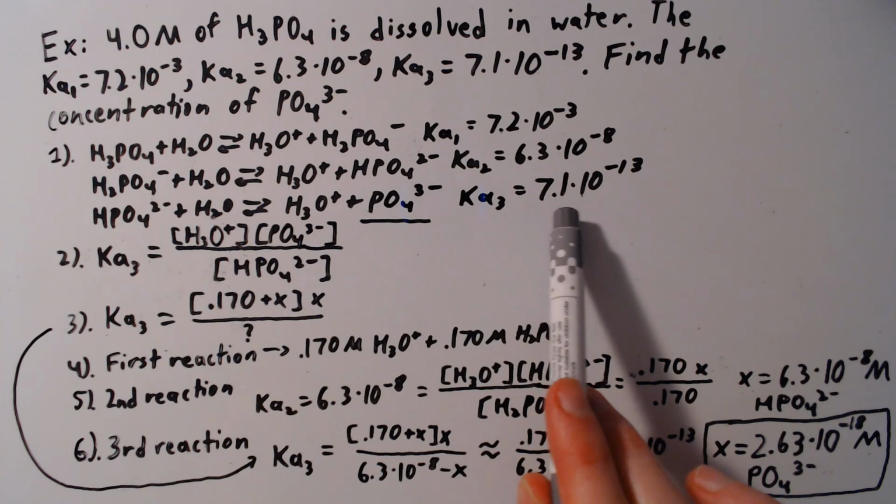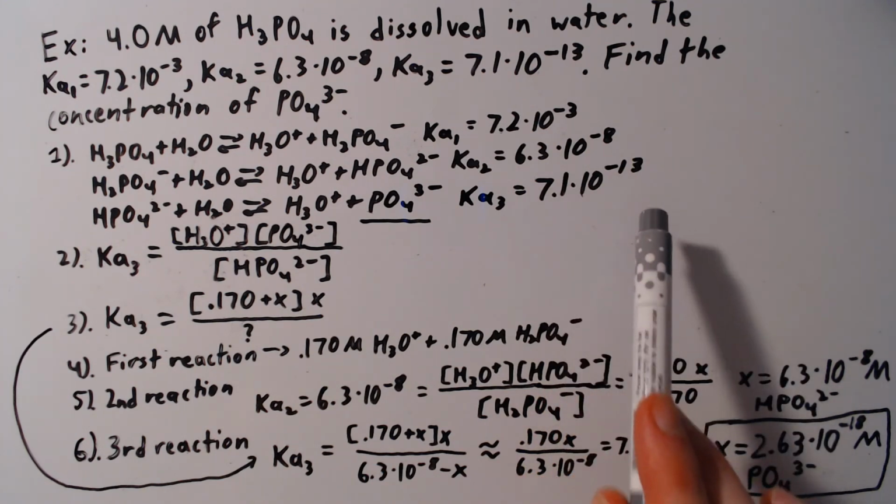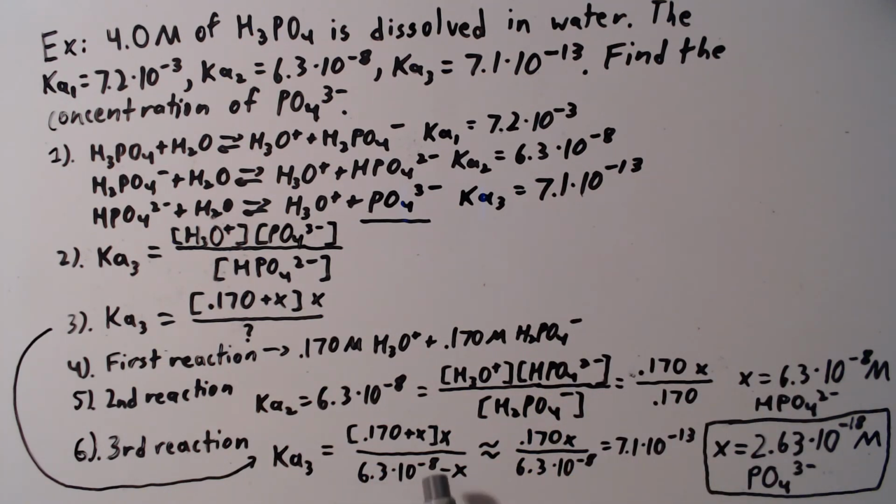The Ka3 is 7.1 times 10 to the negative 13th. That's 5 orders of magnitude smaller. So little of this HPO4 dissociates that its concentration virtually remains constant. So we can just ignore this minus x and put the 6.3 times 10 to the negative 8th on the bottom. And now we can simply solve.